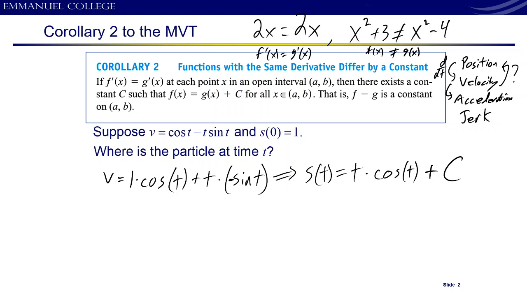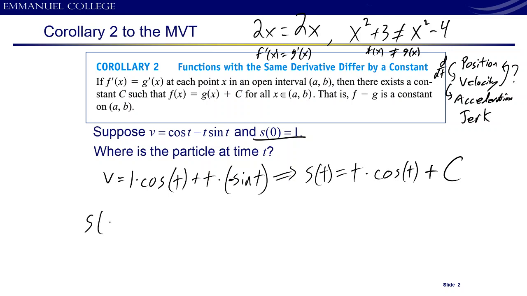So how do I address that constant? The way that I'm going to address it is I have this initial information. I know that at 0, the function is 1.